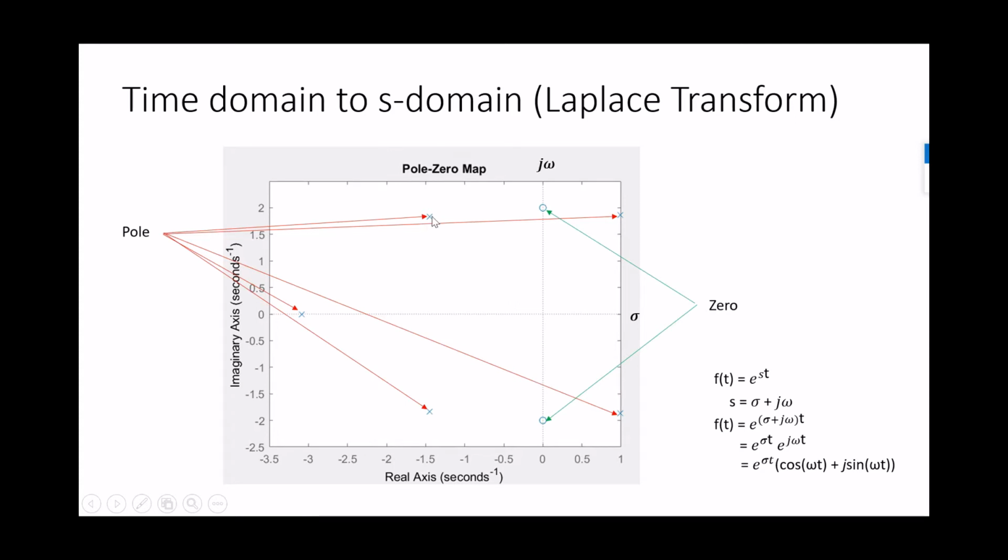The first component we call a pole, represented by a cross, and another component we call a zero. The poles and zeros can move anywhere, depending on the equation of your Laplace transform. We will see later what these are.